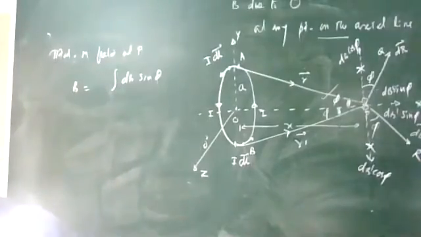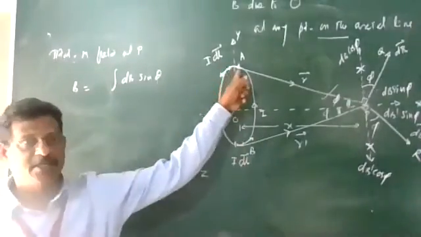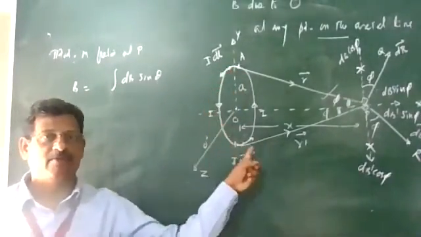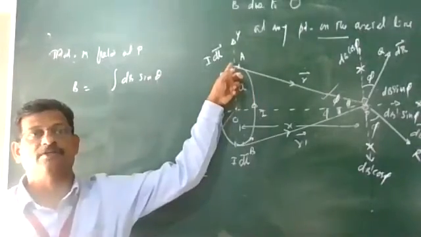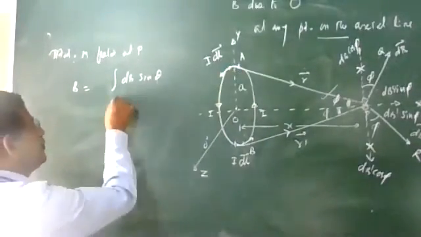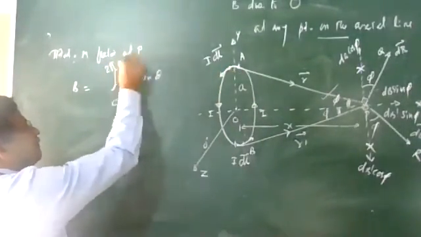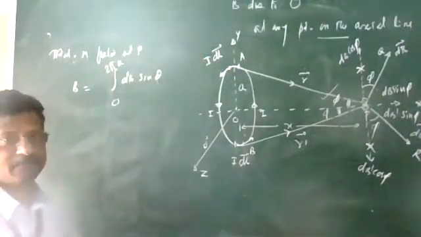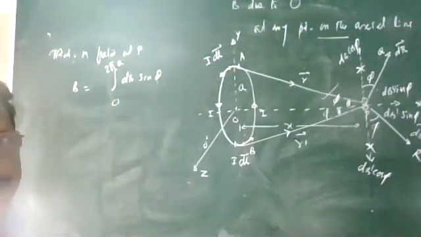So what is the limit of integration here? We start from here, come to b, and go back to a, so the whole length is 0 to 2 pi a.